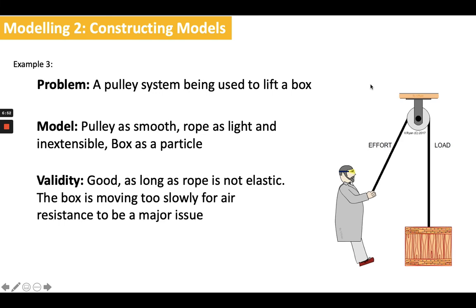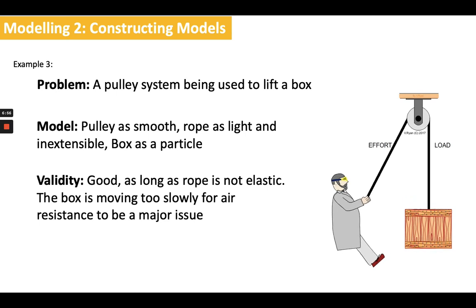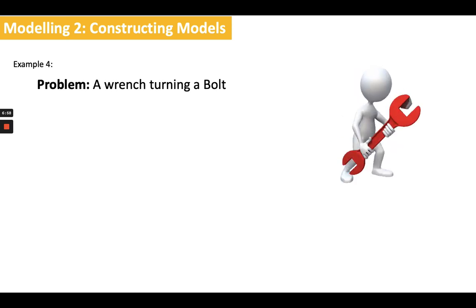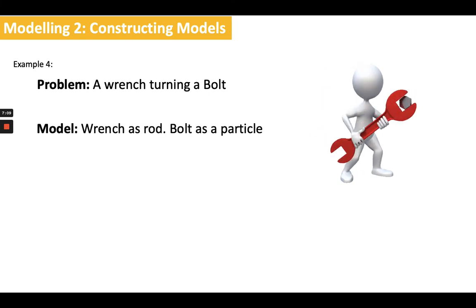Another quick example, to show you how these modelling assumptions and the validity interact, is this situation where I'm turning a bolt using a wrench. As I turn that bolt using that wrench, my model is likely to be that the wrench is a rod and the bolt is a particle. The key bit of motion, or the place in which this force is being applied, is along the wrench.